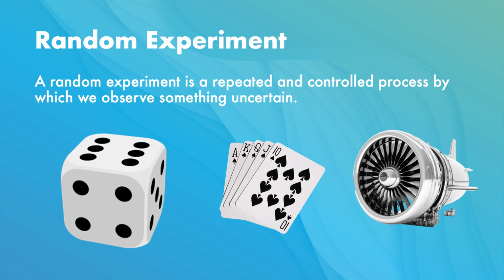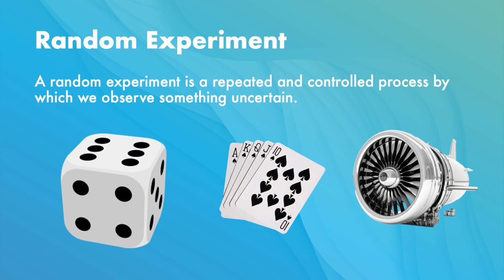A random experiment is essentially a process that is repeated and that is controlled. We will explain what repeated and controlled means, but it is where uncertainty lies, when we observe something that is uncertain. So every time that you hear the word uncertain or uncertainty, we know that we are dealing, or that we should deal, with probability theory, with probabilities.